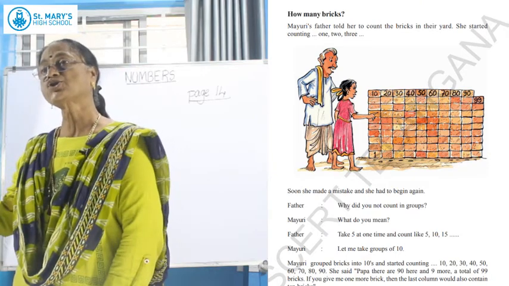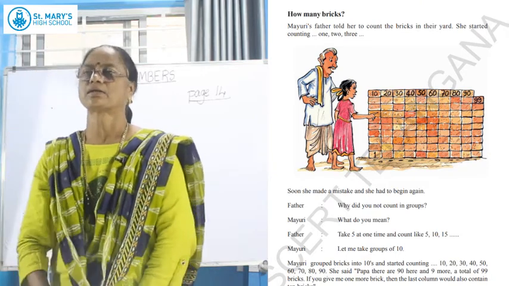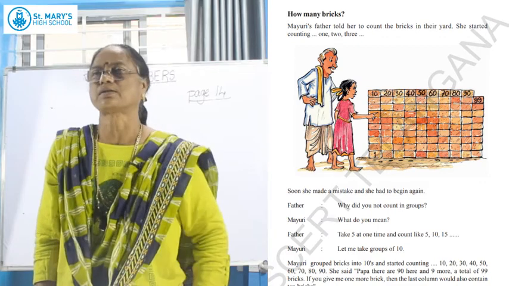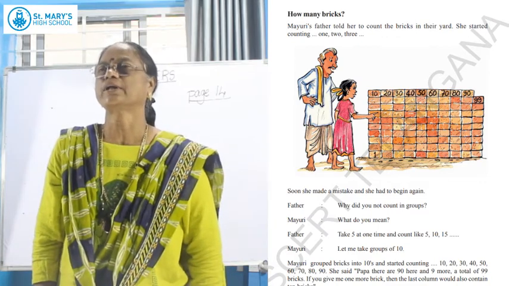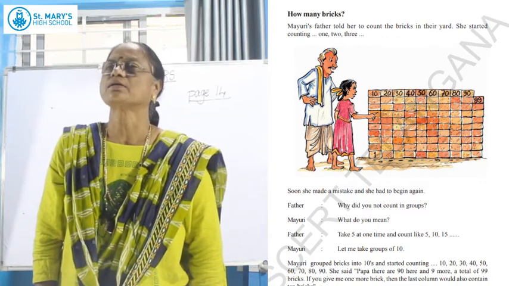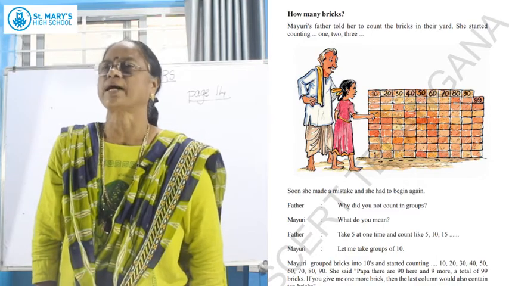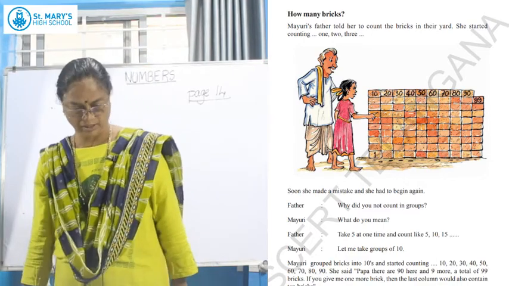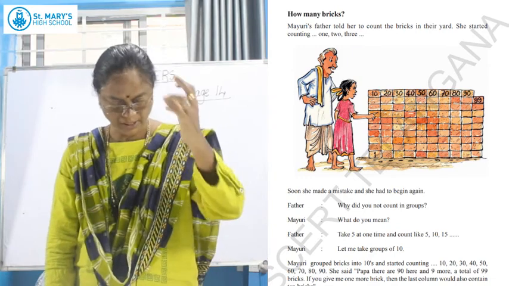And in the last row, one brick is less. That is why they have written 9 bricks. 90 plus 9, 99 bricks, right?